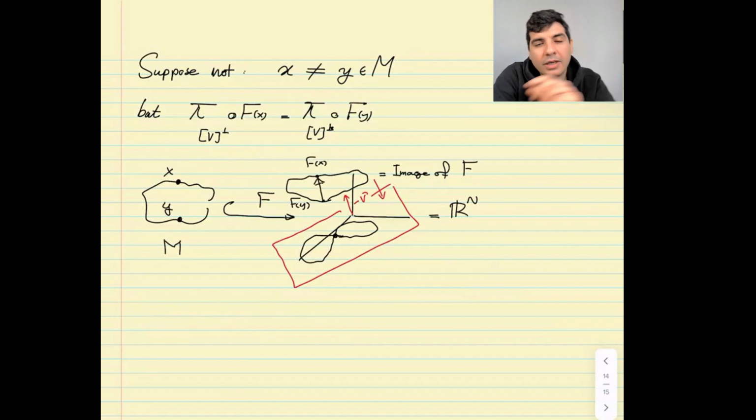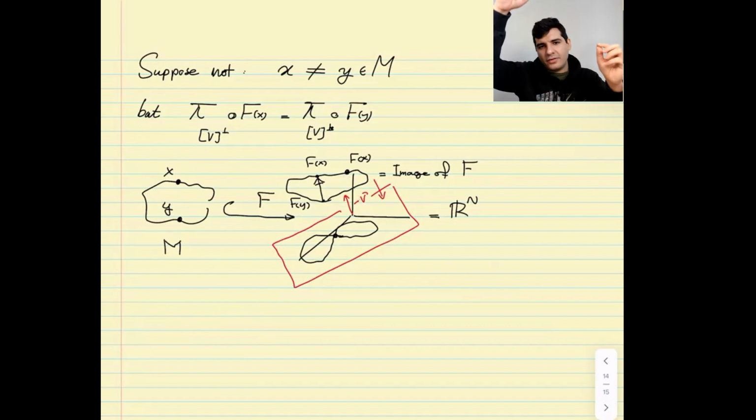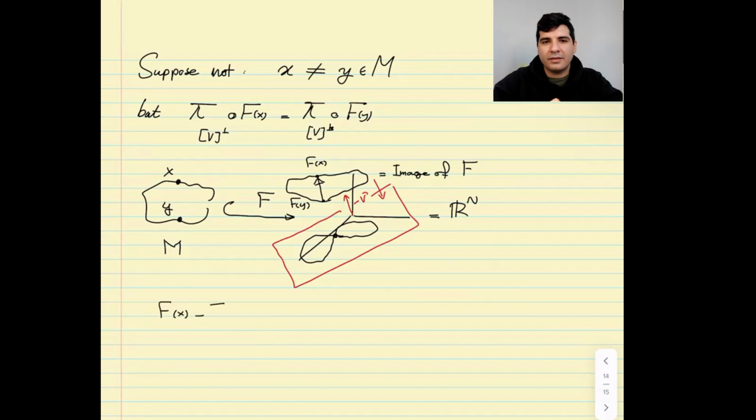If that happens, if you look at the vector which connects f of y to f of x, that vector should be parallel to v. If that wasn't the case, if the vector connecting f of y to f of x was not parallel to v, f of x and f of y would have projected to two different points in Rn minus 1. So the fact that f of x and f of y project to the same point in Rn minus 1 means the vector which connects f of y to f of x is parallel to the vector v.